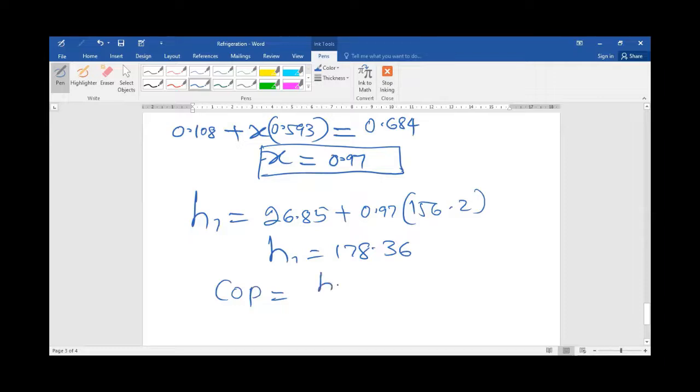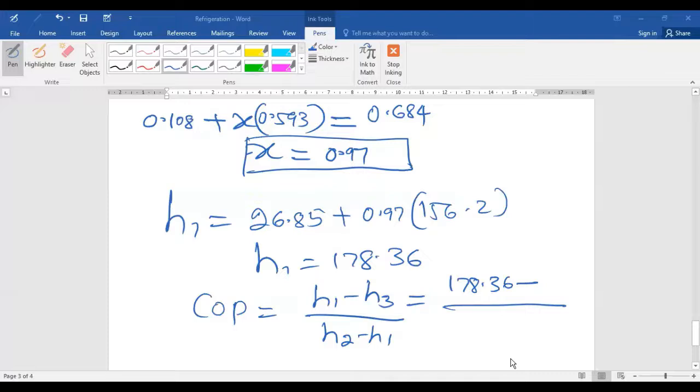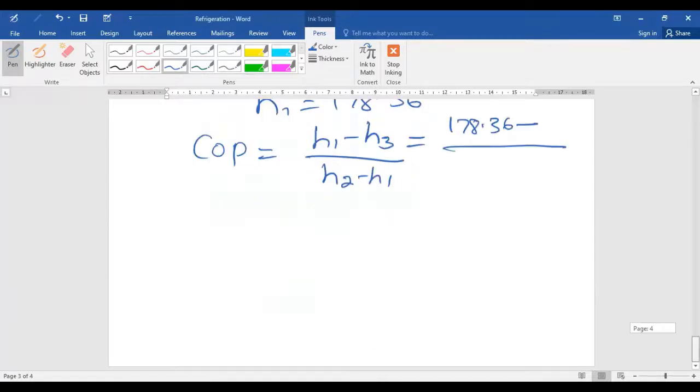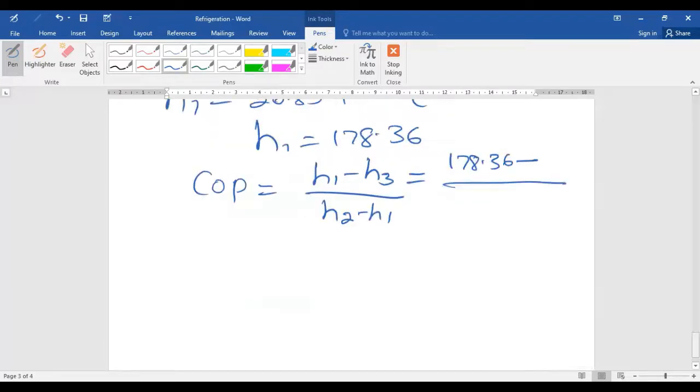COP is H1 minus H3 divided by the work done on the compressor, which is H2 minus H1. So if you know all the values, substitute in the equation and calculate the COP. Here we have stopped, no? H3 you have to write.